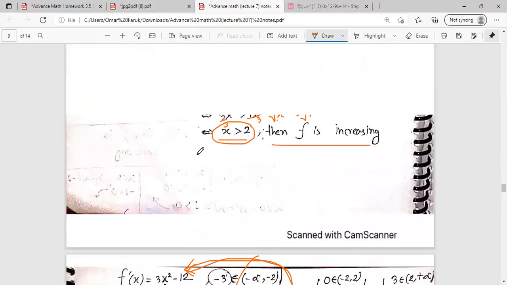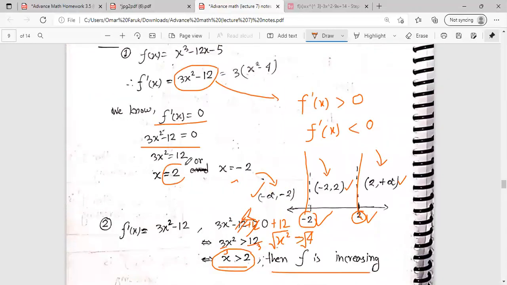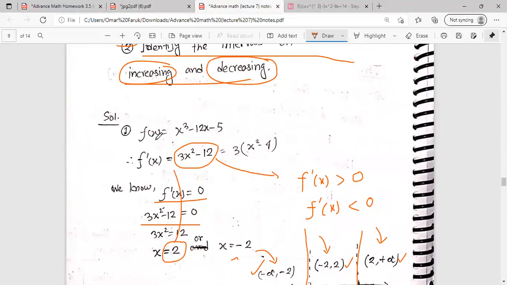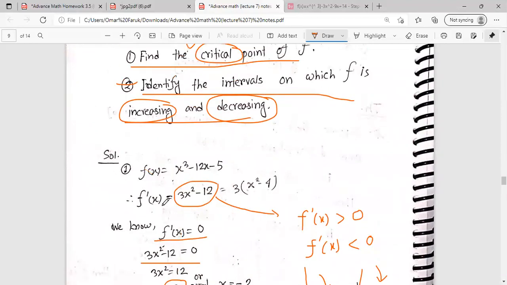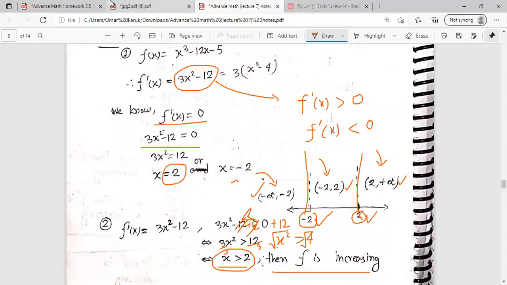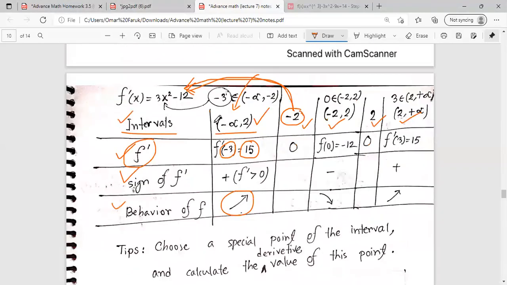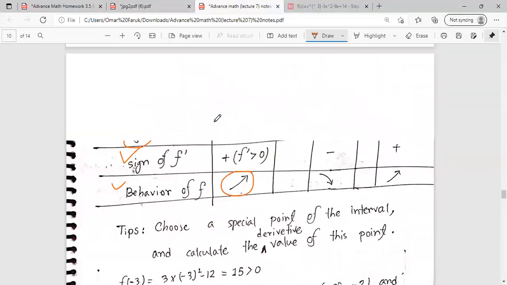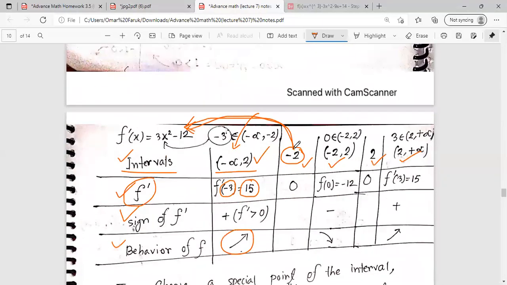And previously when we got our critical point, we put the value in our main function. Remember? But this time we are substituting minus 2 here in the derivative. So it will make 3 into minus 2 squared, that means 12 minus 12. So 12 minus 12 is 0, right?